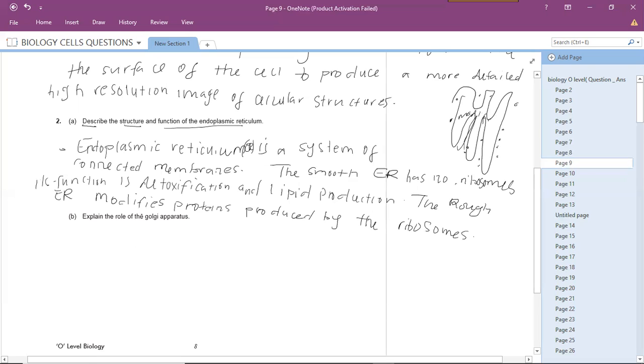All right. And here it says, explain the role of the Golgi apparatus. So here we've got the nucleus. I'm going to explain what I explained last time, the nucleus. Then the nucleus is surrounded by the rough endoplasmic reticulum with ribosomes. Then just outside the rough endoplasmic reticulum, you have got stacks.